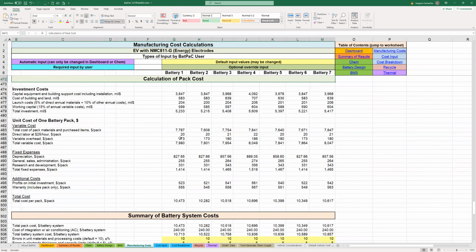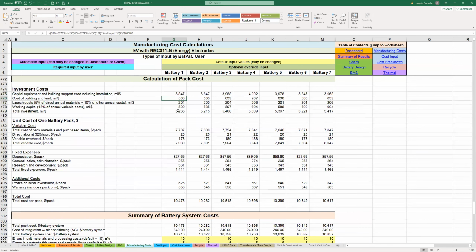This is super useful because, A, it tells you how much the total investment is. If you're going to make 500,000 packs per year, this is how much building space you need and so forth. And then they assume some cost. We just go with the defaults here. This is the cost of building and land, 600 million or so.